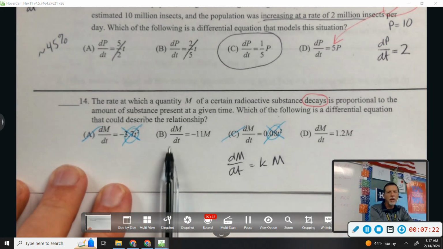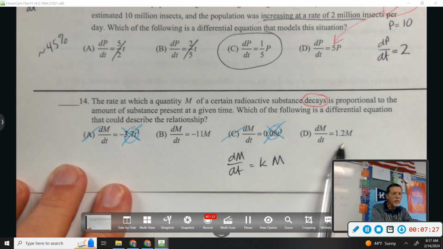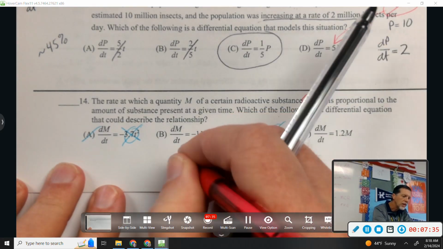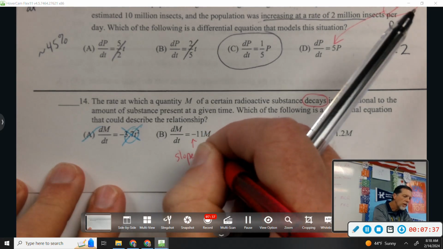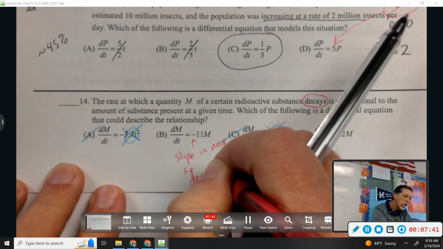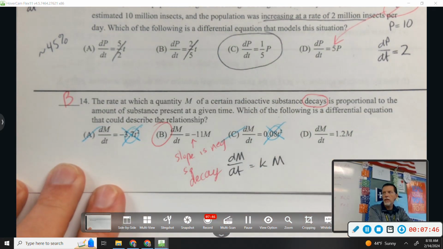Well, this one would say my slope is negative. This one says my slope is positive. Which one of those would be a decay? A negative slope. So answer B. Again, that's a quick one to narrow down to 2 choices, and then it takes a little bit more thought to get it all the way down to the correct choice.